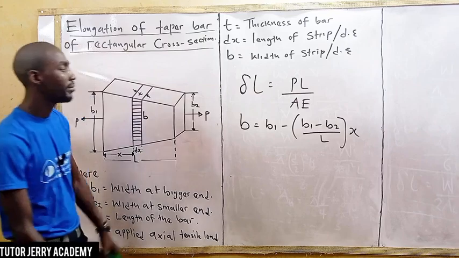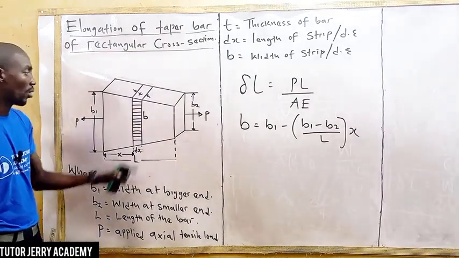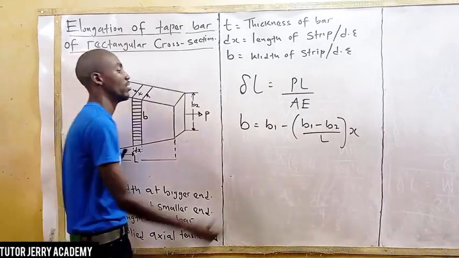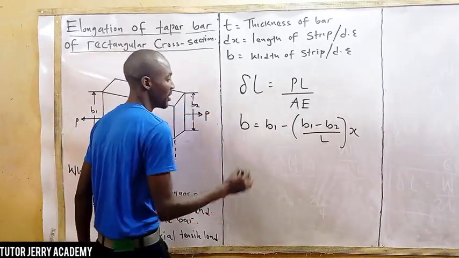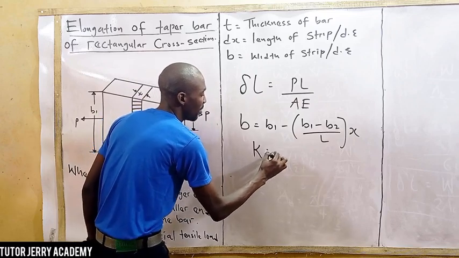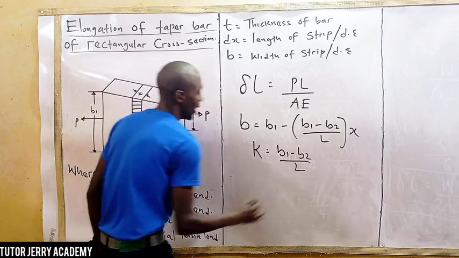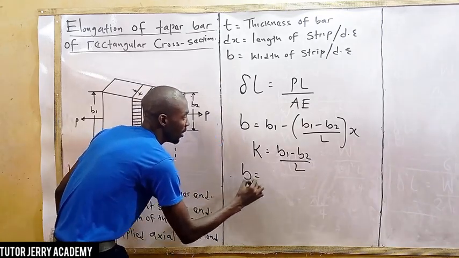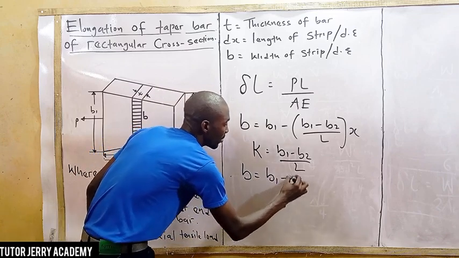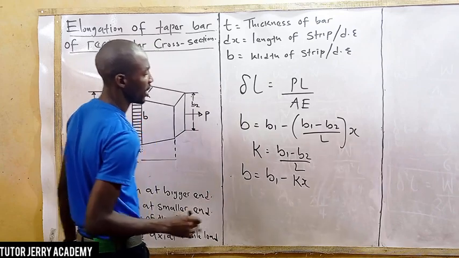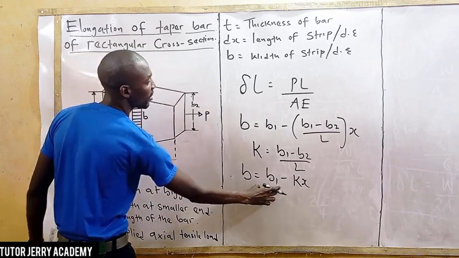So that is how to look for the width of the strip. Now the next thing is we are going to replace what we have here with K. Let K be equal to B1 minus B2 all over L, and B equals B1 minus KS. All right. So if we do that, we are going to substitute this now.